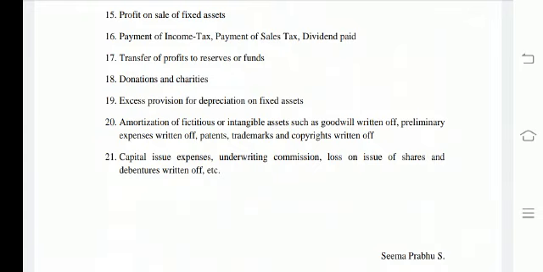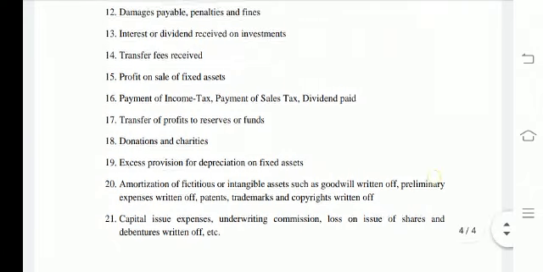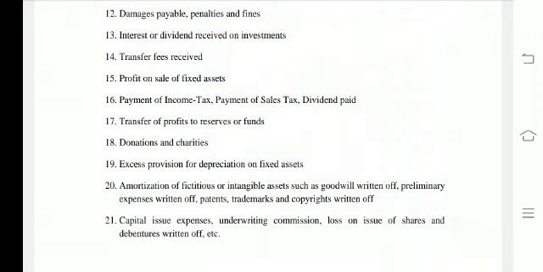First you should write the pro forma of the cost sheet, and then also mention the expenditures which should not be taken under the cost sheet, because it is very important. If any one of the excluded expenditures is taken under the cost sheet, the problem will be wrong. That's why these expenditures related to financial aspects should not be taken.